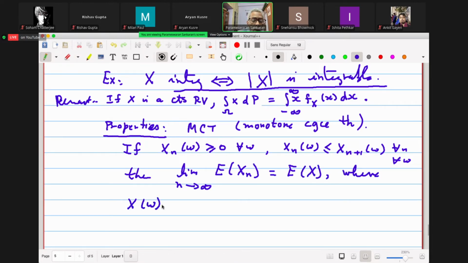X of omega is by definition the limit as n goes to infinity of xn of omega, where x is the random variable defined as, okay, x omega is this one.